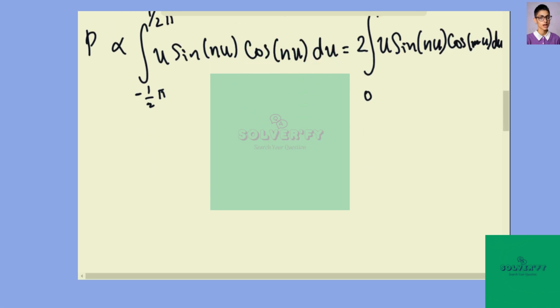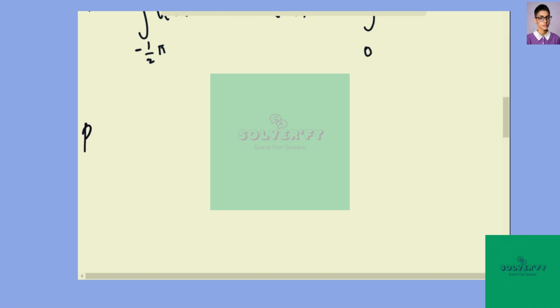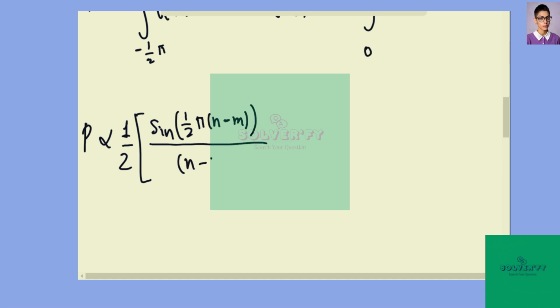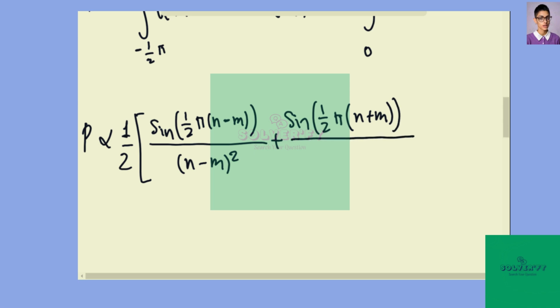Now with this, we are going to obtain from these integrals that this is going to be 1 divided by 2 times the sine of 1 divided by 2 times pi times n minus m, divided by n minus m squared, plus sine of 1 divided by 2 times pi times n plus m, divided by n plus m squared.